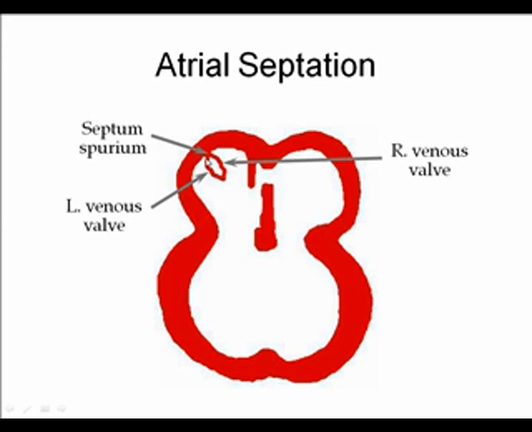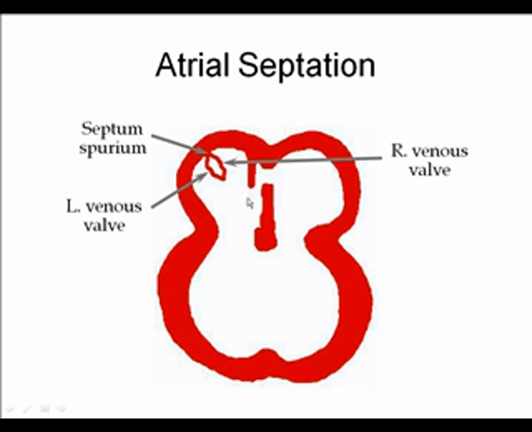So all the blood is going to empty into the right atrium. It is going to go through an oval-shaped foramen in between the septum secundum and the endocardial cushion called foramen ovale. The blood is then going to go across through ostium secundum into the left atrium.